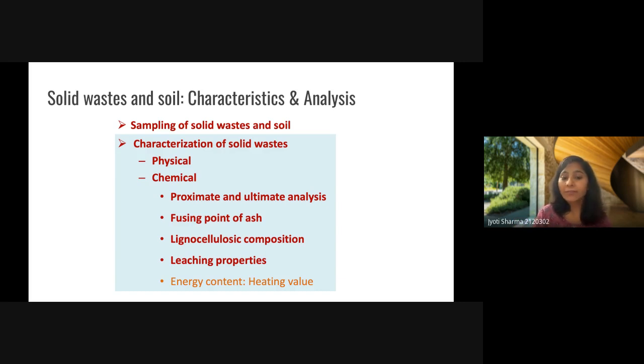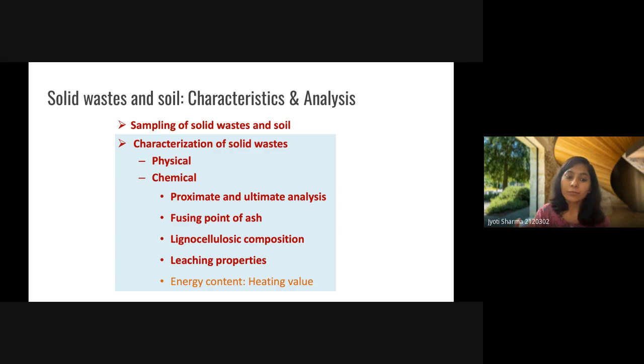So this we have to see by determining the lignocellulosic composition. Whenever we have more lignin, it will be very difficult for us to degrade that solid waste, right? Then we have to see the leaching property, up to what height it can go down or percolate in the soil.